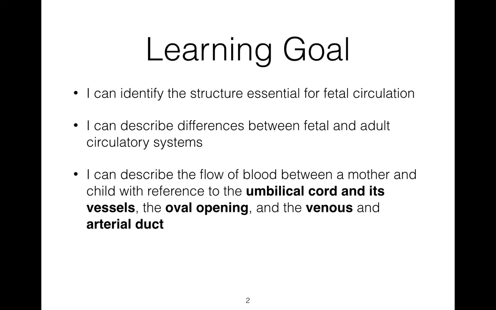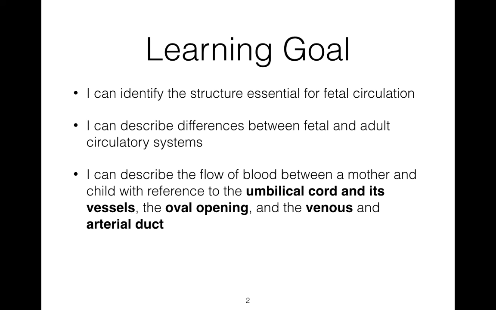I can describe the flow of blood between a mother and child with reference to the umbilical cord and its vessels, the oval opening, and the venous and arterial ducts. Okay, the curriculum uses the terminology arterial duct and venous duct.